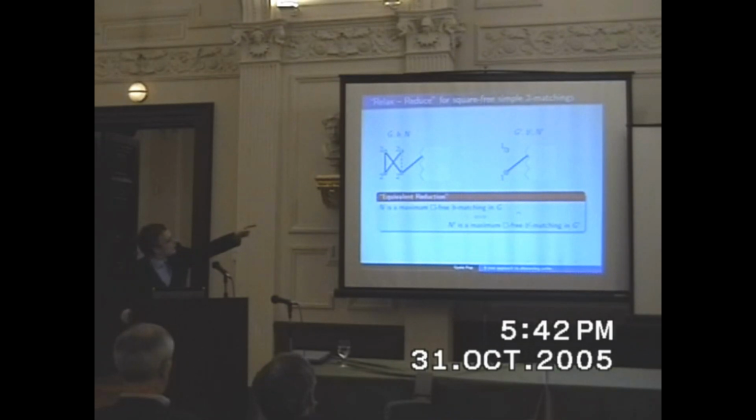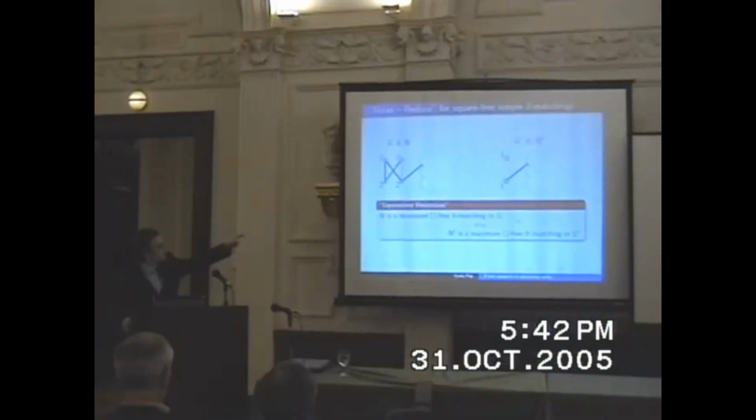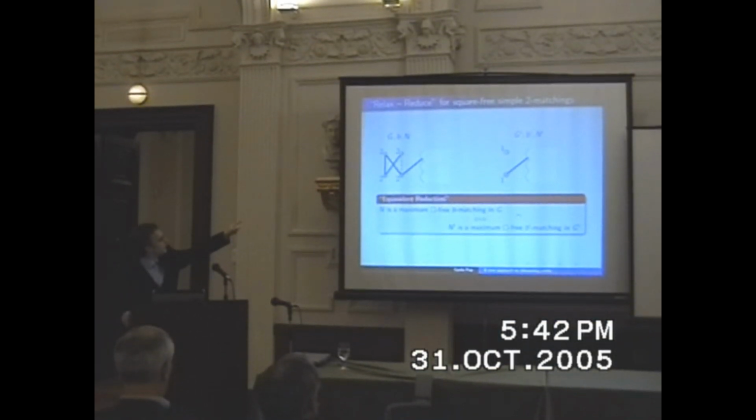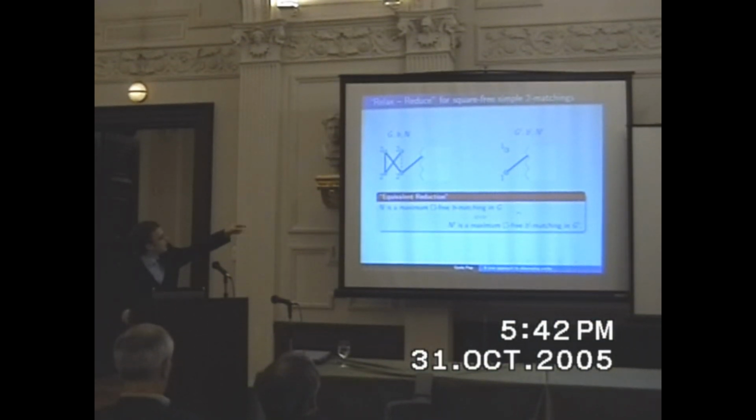Suppose we get somehow a larger square-free B prime matching in G prime, then I claim that you can construct a square-free B-matching in G by adding appropriate 3 edges of that square. It will be square-free. It is quite easy to check.